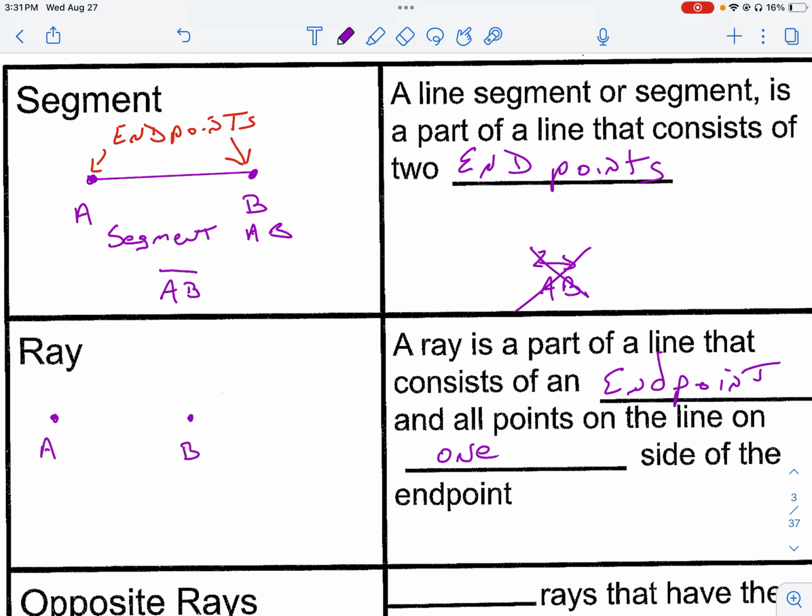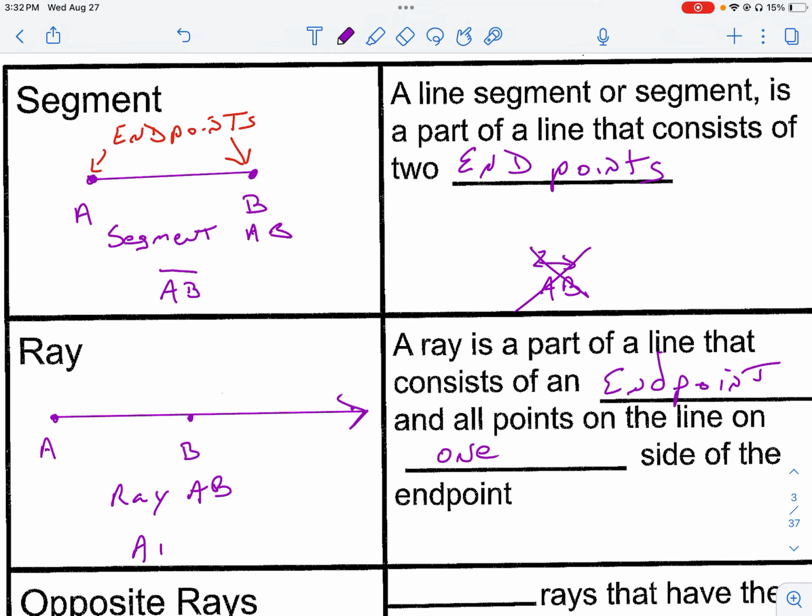So we have an endpoint, which means one endpoint, and then all the points on one side of the endpoint. So we have endpoint A, we're going through point B on forever out into infinity. And we're going to call that ray AB.